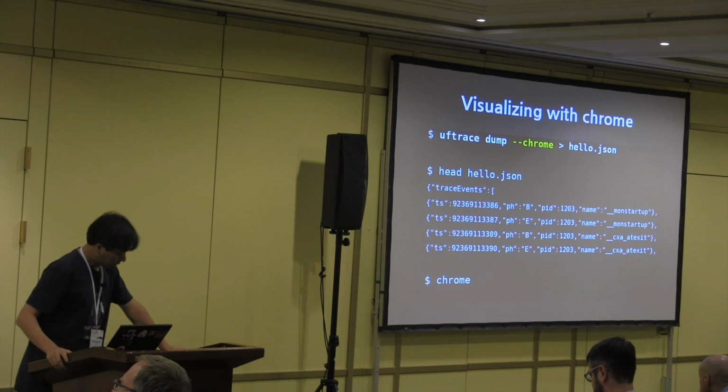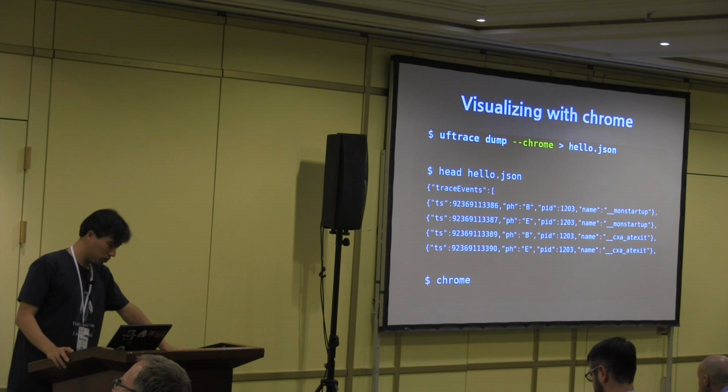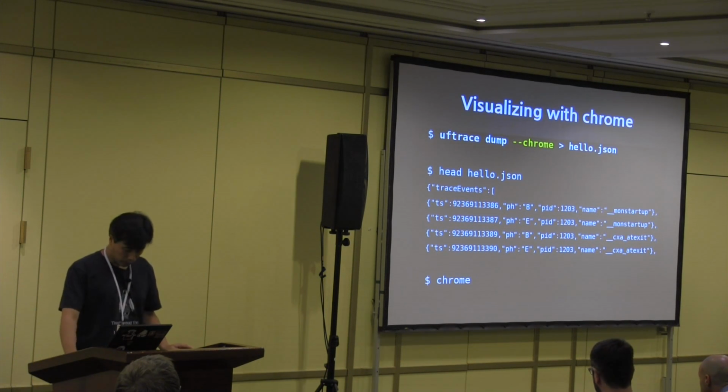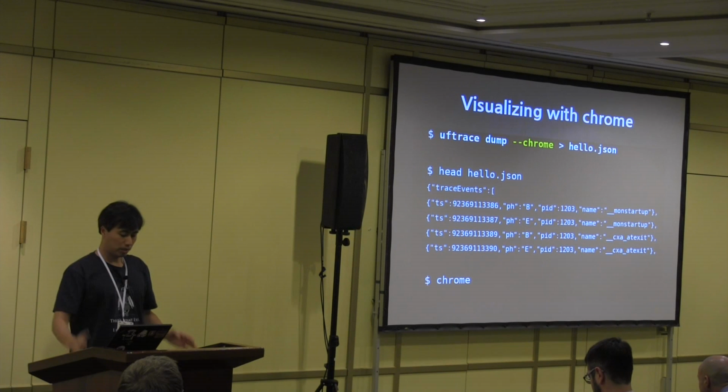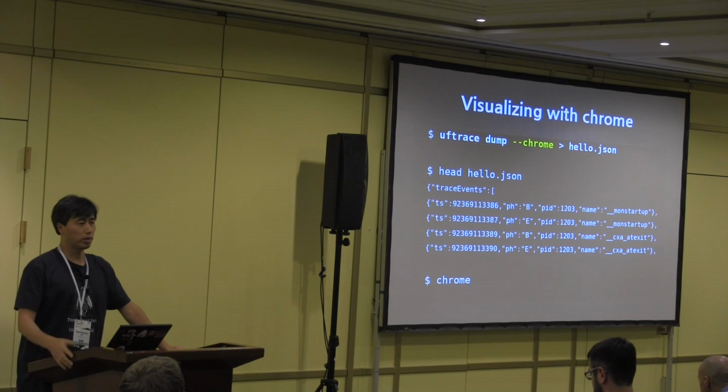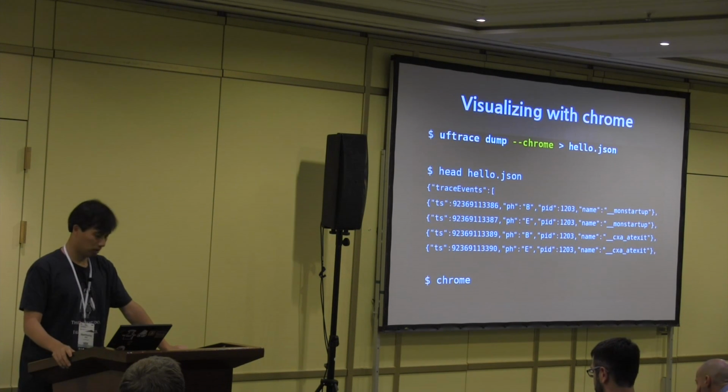And visualizing. It supports two visualizations. The first one is Chrome tracing. The Uftrace dump command basically dumps the trace data that was recorded with the Uftrace record command.